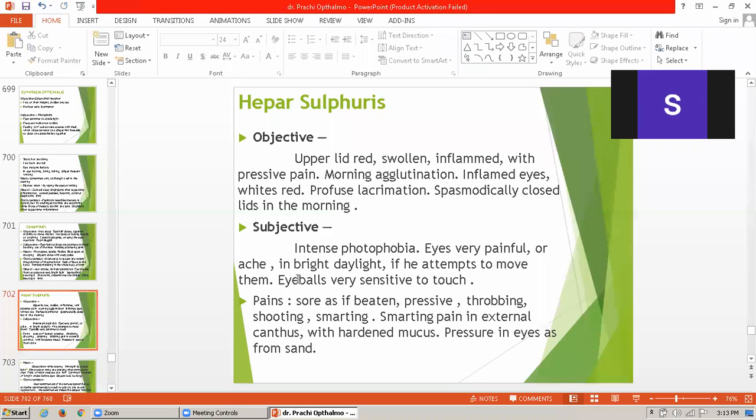Eyeball very sensitive to touch. Pains are sore as if bitten. There is depressive pain, throbbing pain, shooting pain, and smarting pain. Smarting pain in the external canthus with hardened mucus.